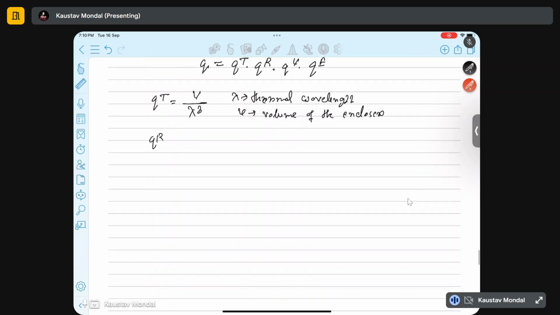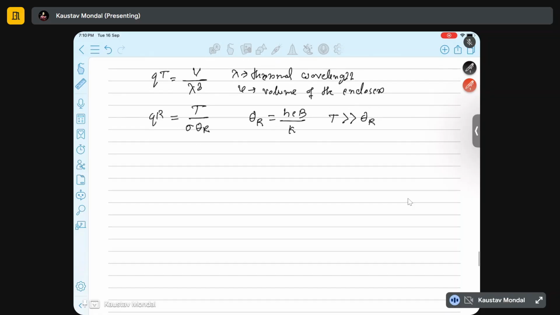That is translational. q_r is the rotational. For the rotational case, the expression is given by T by sigma theta_r, where theta_r is basically hcB by k, and this expression is only valid when T is greater than theta_r, right?